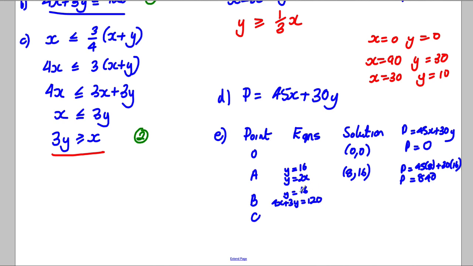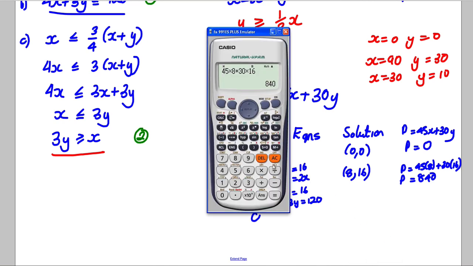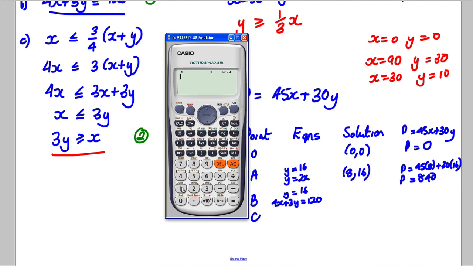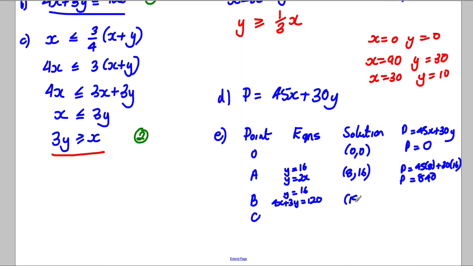So we need to solve these simultaneously. If I stick y as 16 in here, I would get 48, and 4x would therefore be 120 take away 48. If I divide it by 4, I get x is 18. So I clearly know that 16 is another solution.